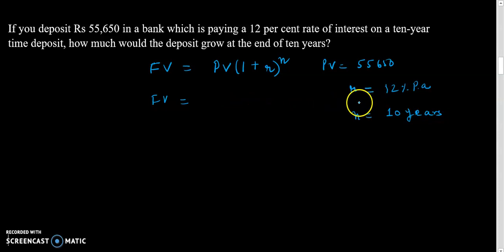Okay, let's put all the numbers into the formula. 55,650 times (1 plus 12%), I can write it like this, power 10.